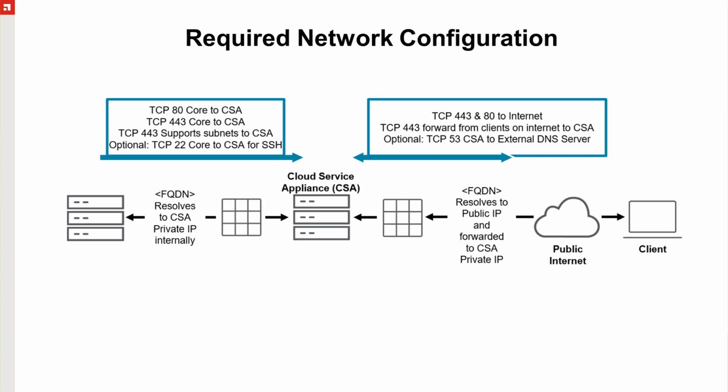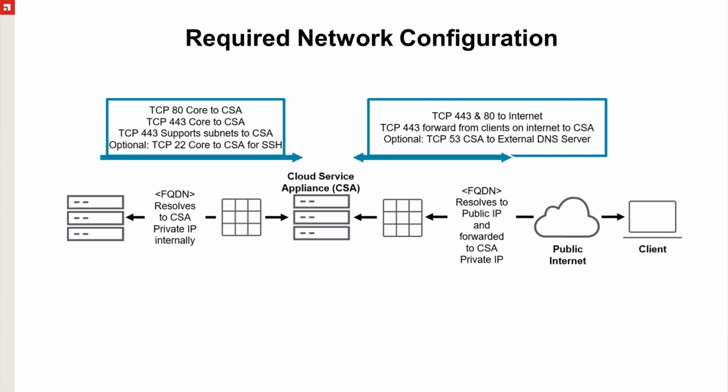But the reality is we're going to have a public, fully qualified name, mycsa.vantosi.com. From the internet on the external DNS servers, that will resolve to the public IP address that you've specified on your firewall. And then that public address, you'll have your port forwarding rules.